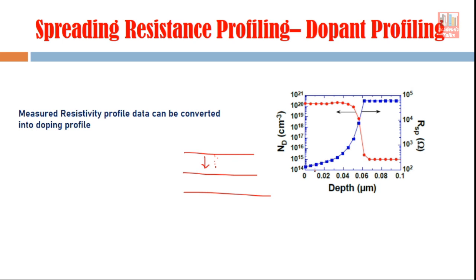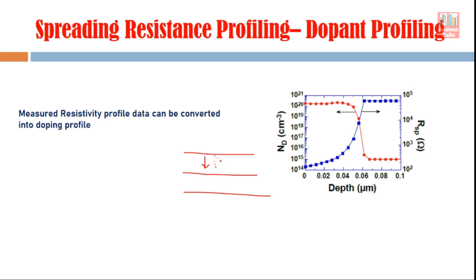You see, when we are going inside, vertically going down, the spreading resistance is increasing, and the spreading resistance increasing means that as we go down, the number of dopants here is less. Maybe it's a diffused sample, and in a diffused sample, on the top the number of dopants is more as compared to the bottom layers.